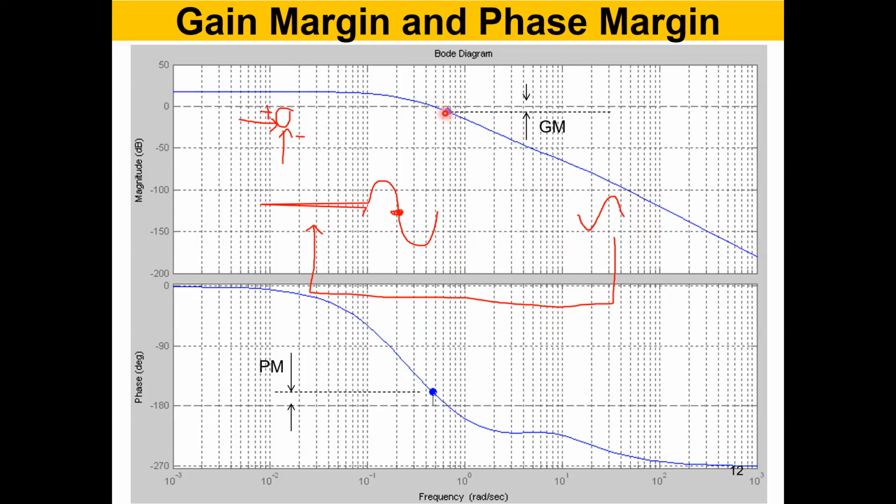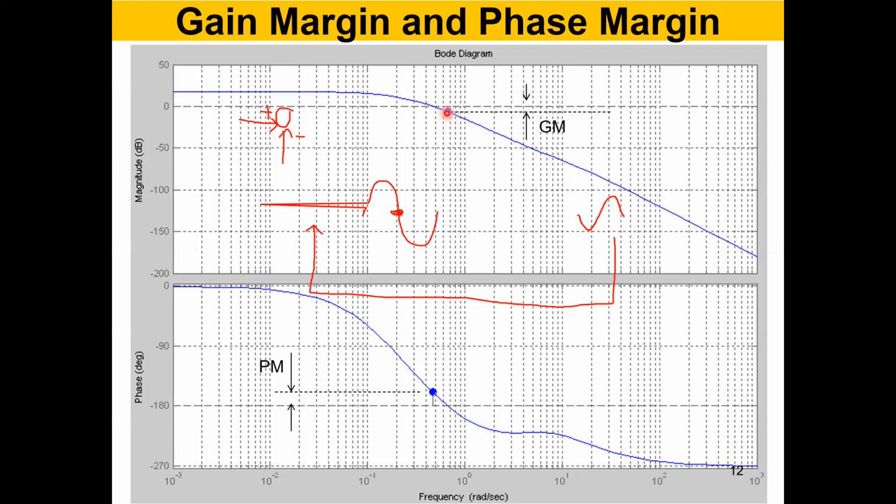You can see it over here. This is the point where the frequency is 0.5 and 0.6 radians per second, and also the point where the phase difference is 180 degrees. You're slightly below unity gain, right? You can figure out the dB from here to here in between, and that is what is called the margin, the safety margin.